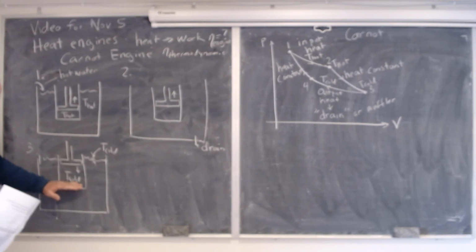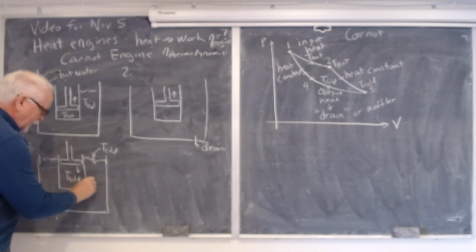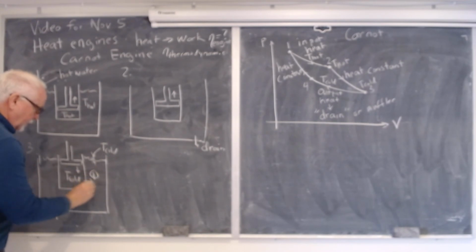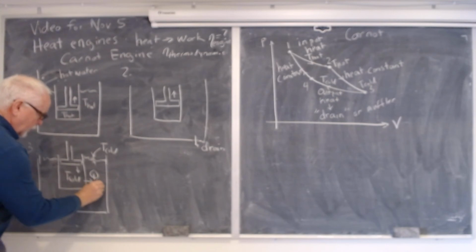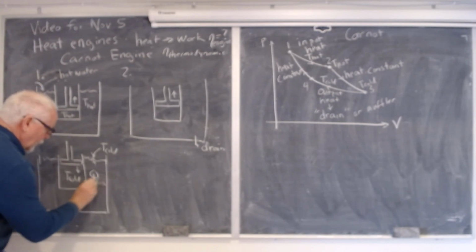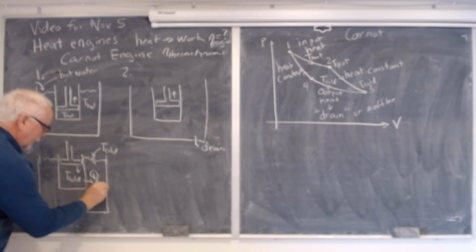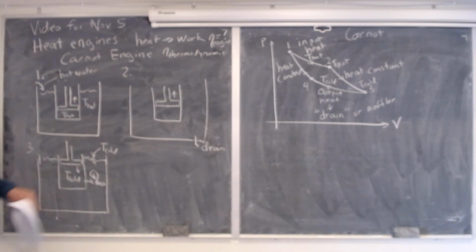The gas is being kept at T cold, so there's a transfer of heat Q into that cold water. Basically, the cold water is cooling off the gas and extracting heat.